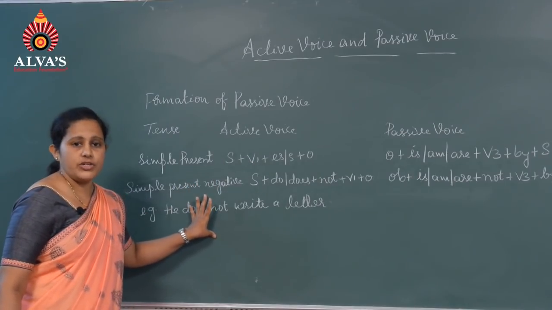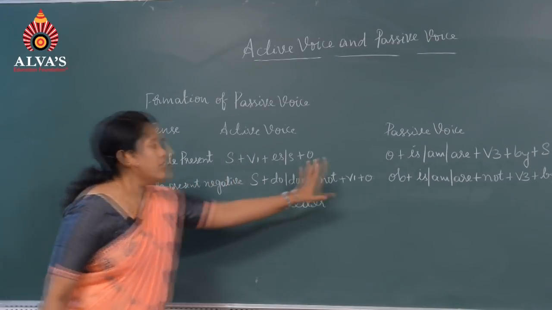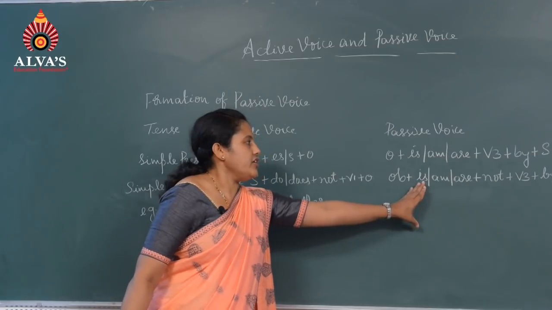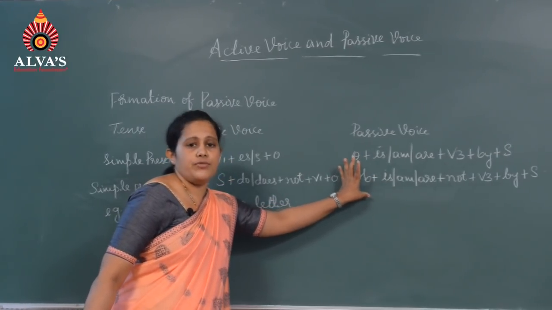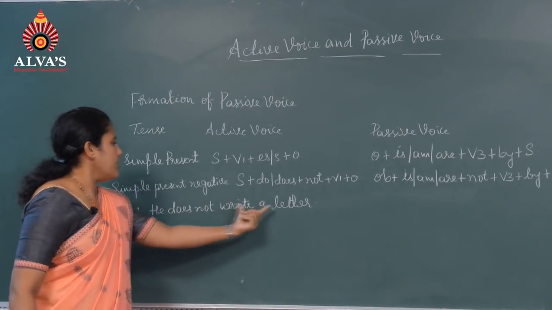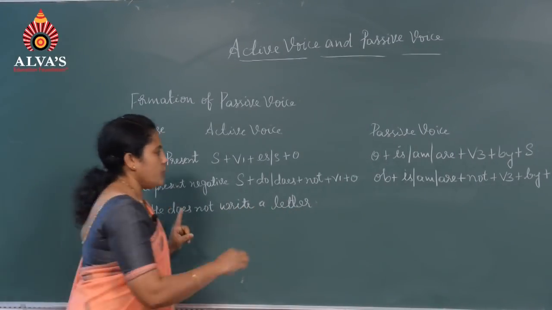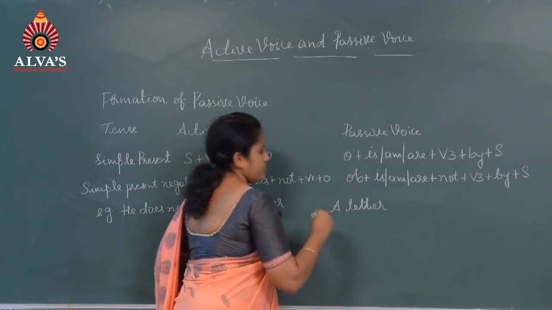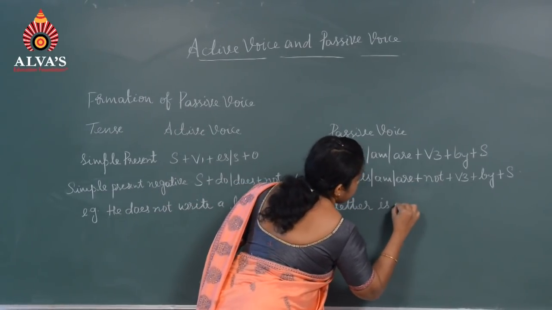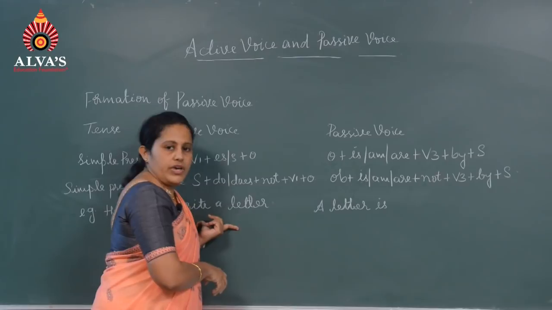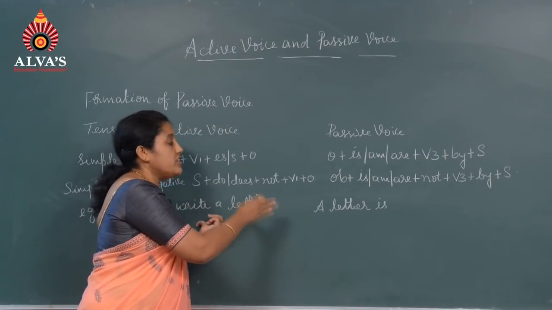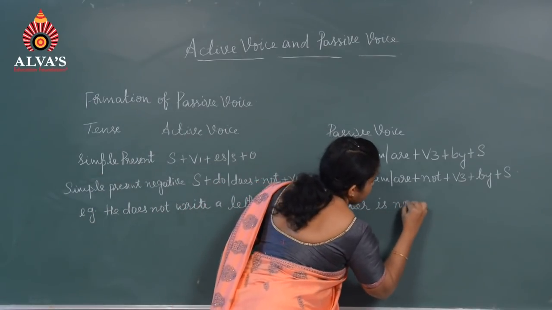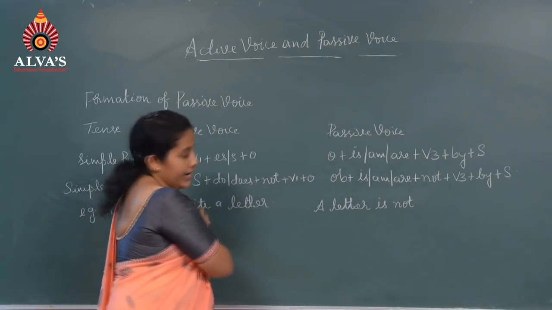Now, we have to change from active to passive. So, you know the formula. First, you have to write the object. Subject becomes object when we change from active to passive. Therefore, here a letter is the object. So, you have to write a letter is, because this letter is third person singular, so we have to use is. So, a letter is not written.